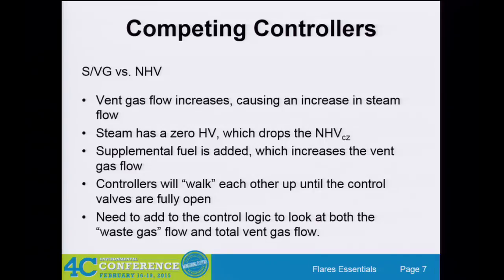If it's upstream, you say, I have this supplemental gas mixed in here, I have, say, 650 BTU per scuff, but then you have to back calculate how much of that is due to the supplemental fuel. You're having to take that out, which makes it a little more difficult, instead of just saying, I know what's in my vent gas, I can keep moving because I know I can shut it all the way off.